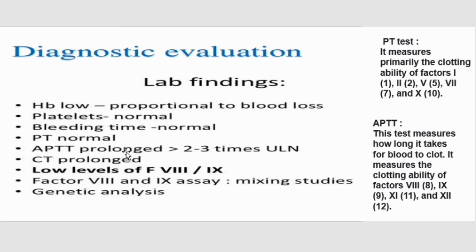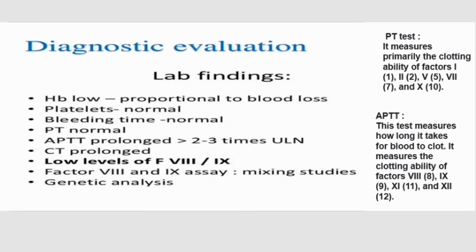It will be more than normal, maybe 2 to 3 times more than normal. So this test measures how long it takes for blood to clot, and it measures the clotting ability of factor 8, 9, 11 and 12. And we know that these factors are involved in hemophilia, so that's why the APTT will be prolonged.